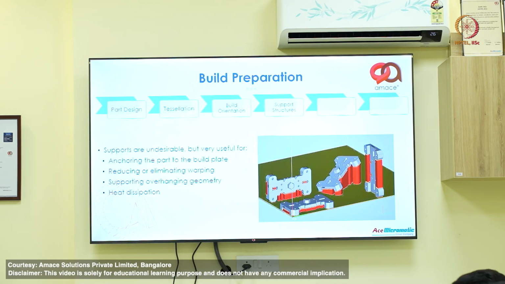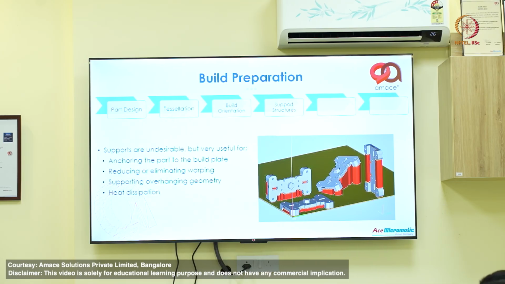So support structures are not desirable because these are wastages. Because of the design overhang constraints, we have to give supports in order to print successfully, because we cannot print something in the air or directly on the powder.